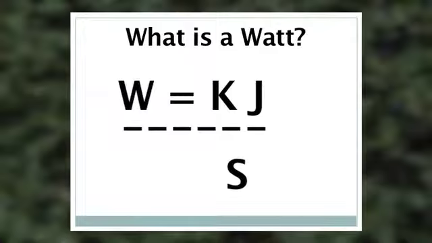So what do we do? We multiply it by hour, right? Because we have kilowatt hour. So we take a unit of time and a unit of time and they cancel each other out. Time over time equals 1. And as a result, we end up with kilowatt hours or kilojoules.